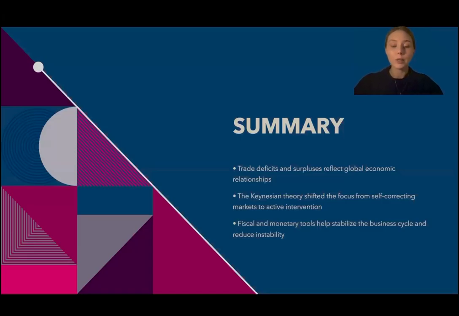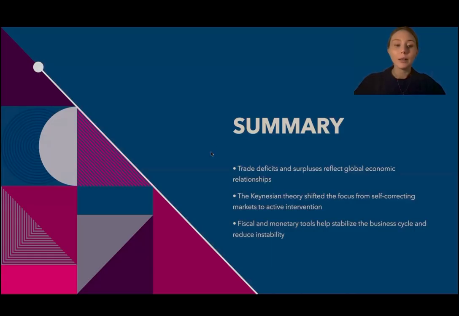So let's move on to the summary. To sum everything up, trade deficits and surpluses reflect global connections, and the shift from classical to Keynesian economics shows that government policy can play a very powerful role in stabilizing demand and promoting growth.